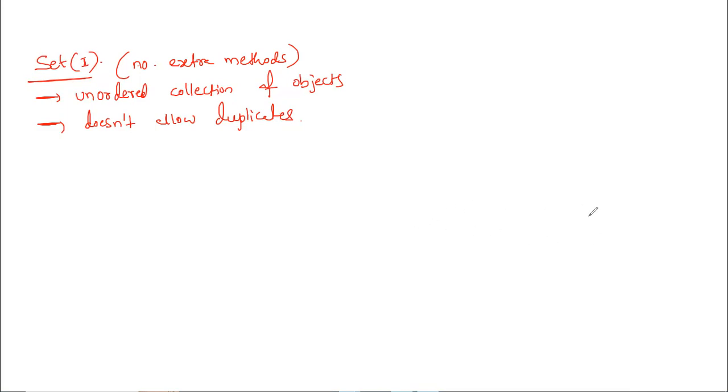What are the corresponding implemented classes of this Set interface? One is HashSet, followed by LinkedHashSet, then followed by TreeSet. What is one common property for all these?